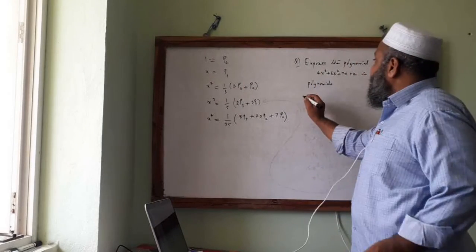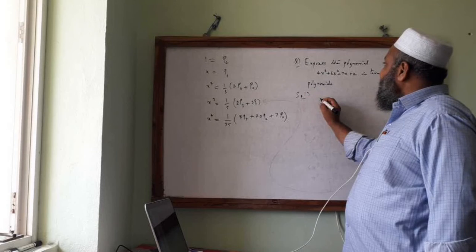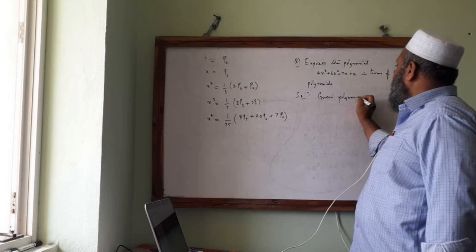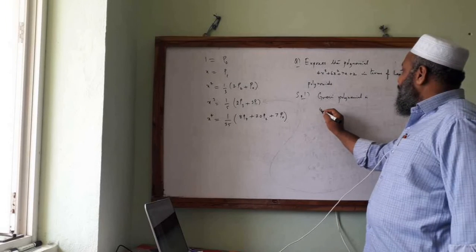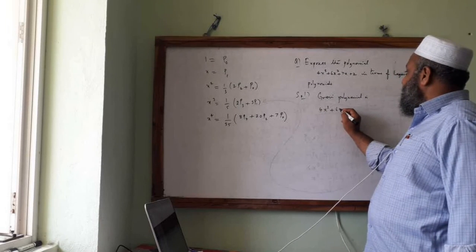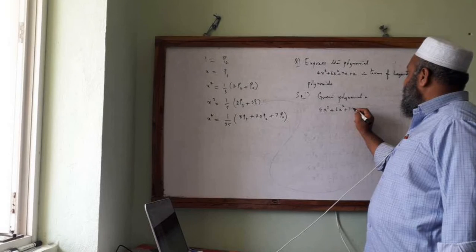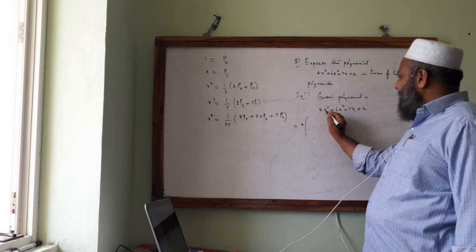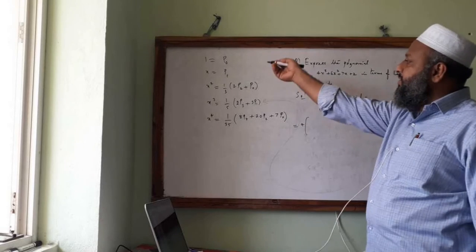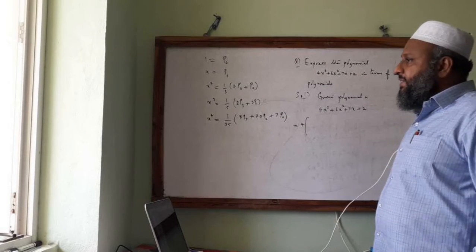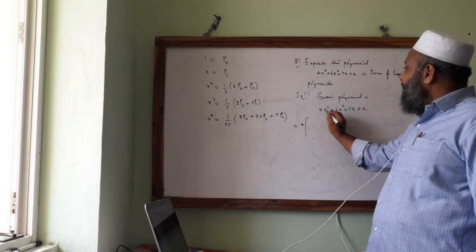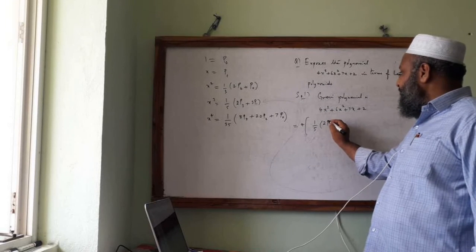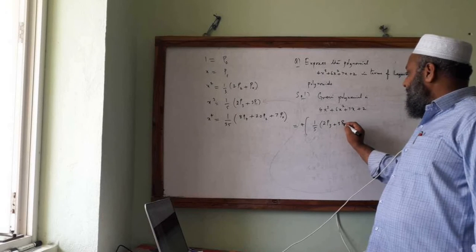So what I do is that the given polynomial is 4x cube plus 6x square plus 7x plus 2. Now simply you do only one thing: every power of x you substitute from these Legendre polynomial expressions. So x cube is nothing but 1 by 5 times of 2p3 plus 3p1.